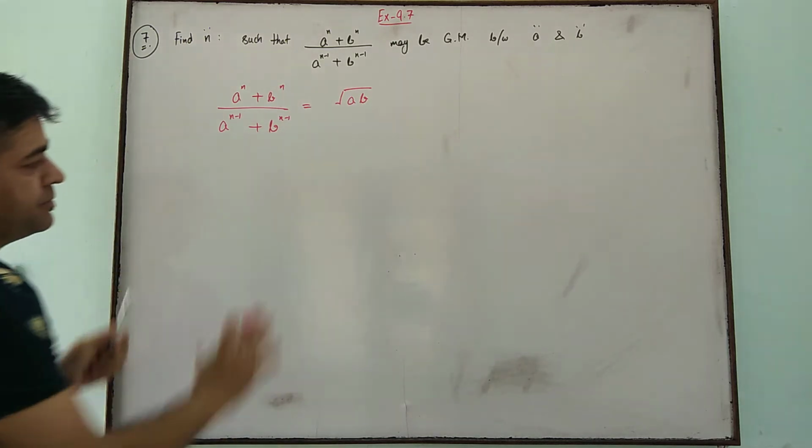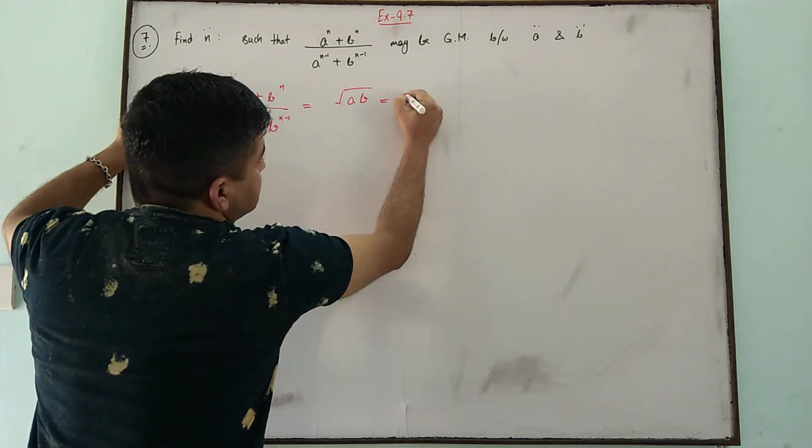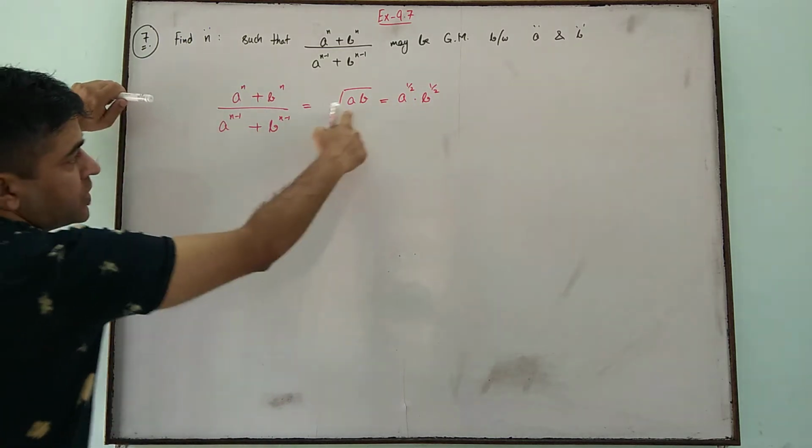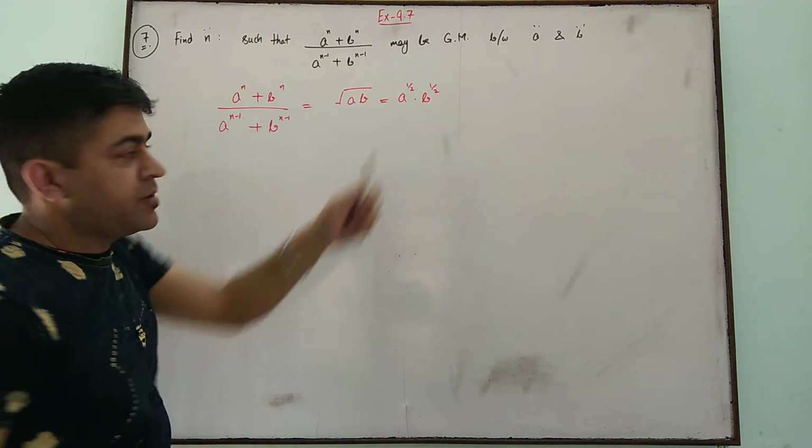So it is simple algebra. Under root ab is a to the power 1 by 2 into b to the power 1 by 2, root a root b, root means power 1 by 2.